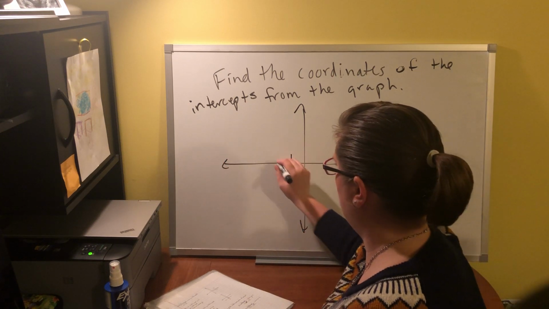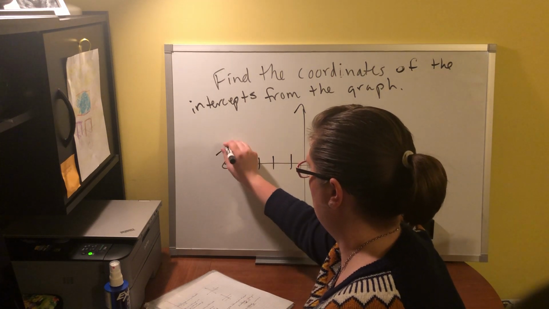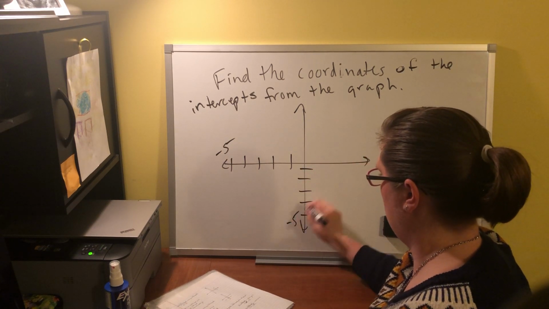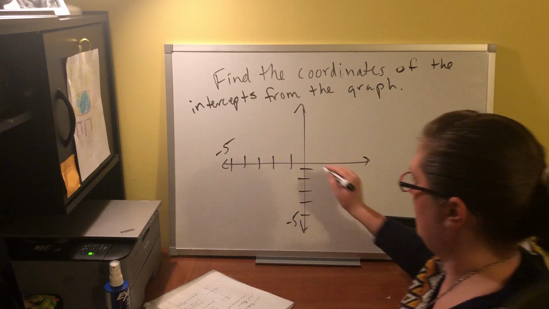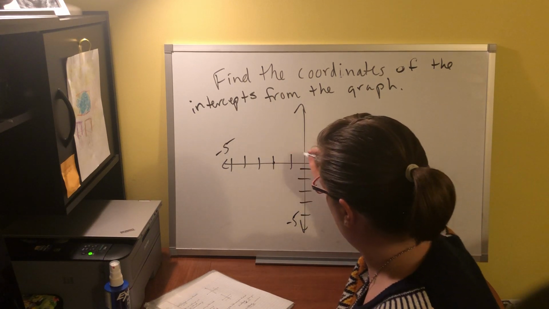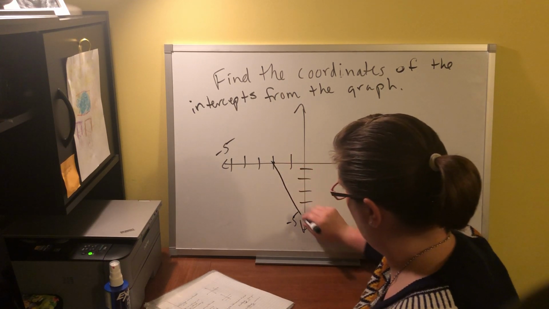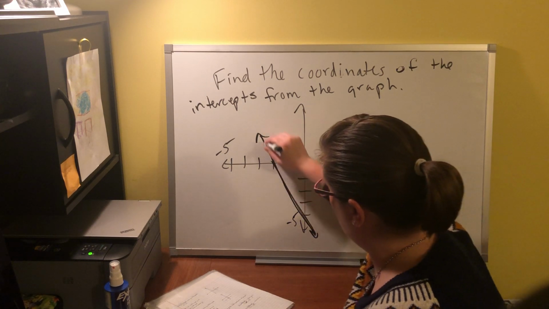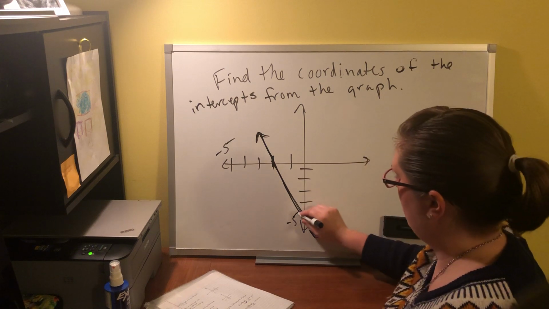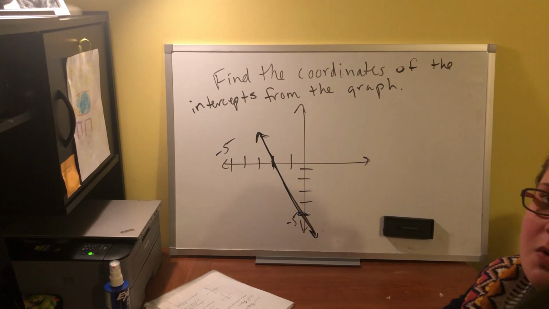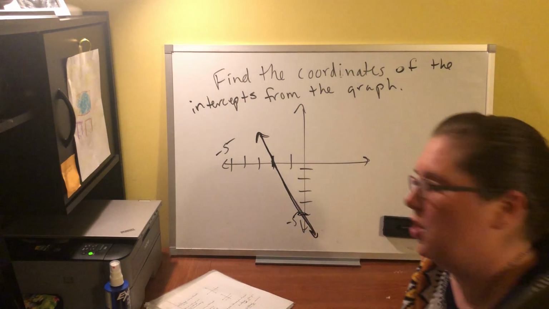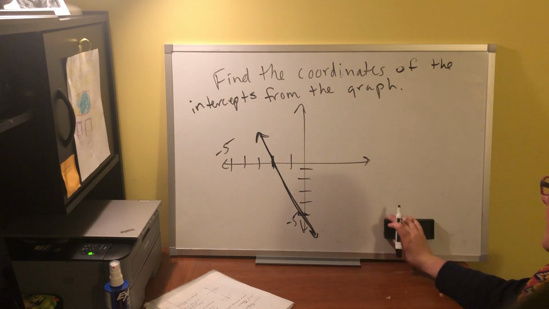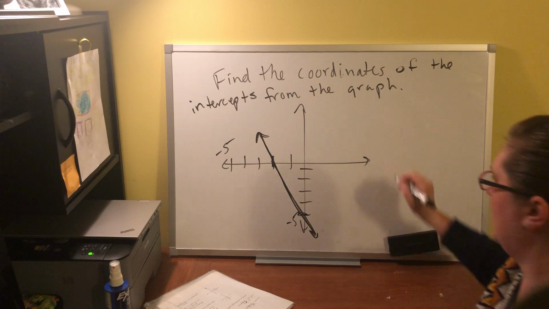All right, so I know my graph's not perfect on here. Hopefully you can kind of see it. If not, you have this in the PDF of the notes, so you can use that as reference if you can't see. So they're going to give you a graph and they're going to ask for the intercepts.